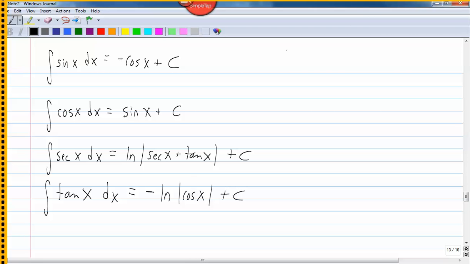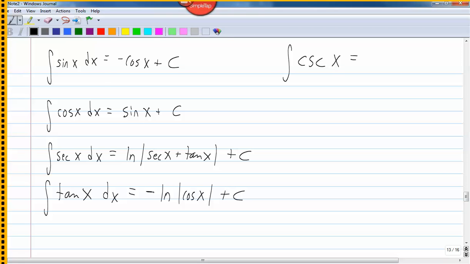Alright, two more trig functions. The integral of cosecant of x. Now don't get that confused with the integral of cosecant squared. It's actually one of those crazy logarithms.